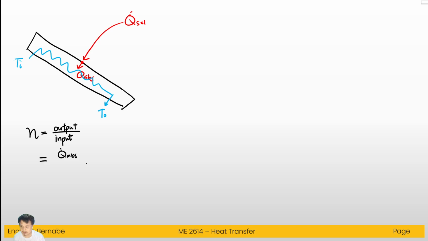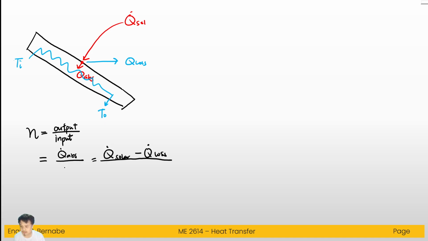If you do the balance in this node, we have a Q loss exiting here. So your Q abs is equal to the solar irradiation minus the Q loss, the difference of these two, and then divided by the input. The input here is the solar radiation, or irradiation.